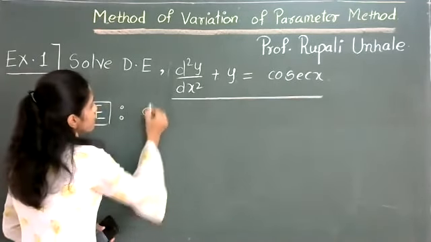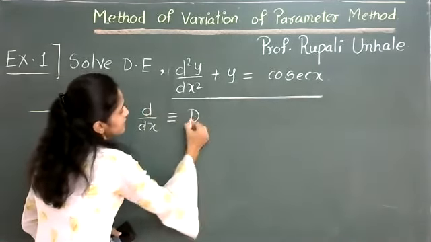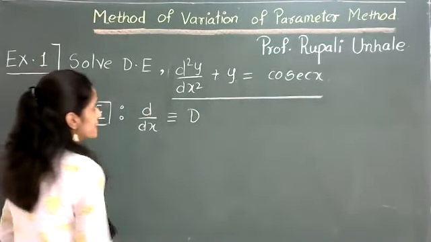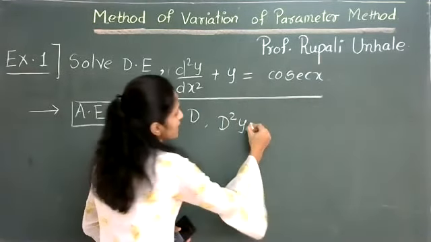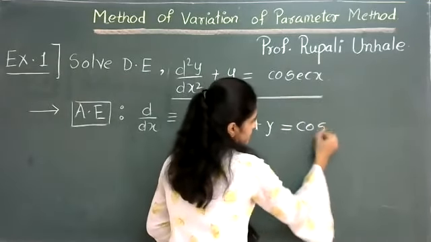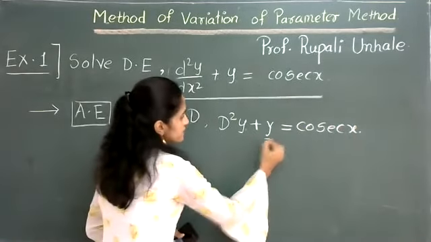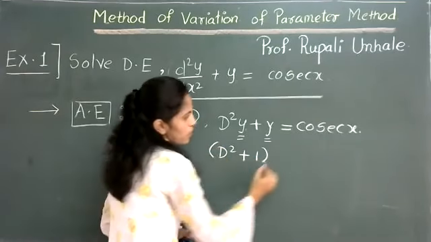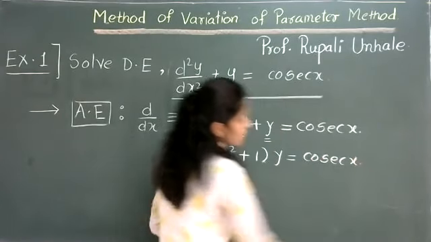For that, we will substitute d by dx as capital D. In the given differential equation, replace d by dx with capital D. The equation will be D square y plus y is equal to cosec x. Next, we take y common, so it looks like D square plus 1 into y is equal to cosec x.